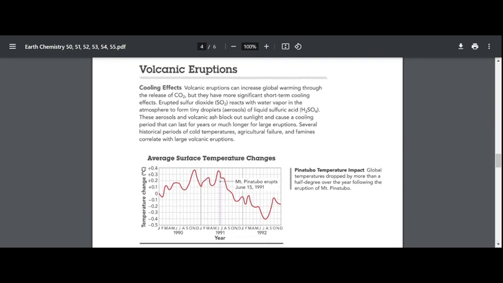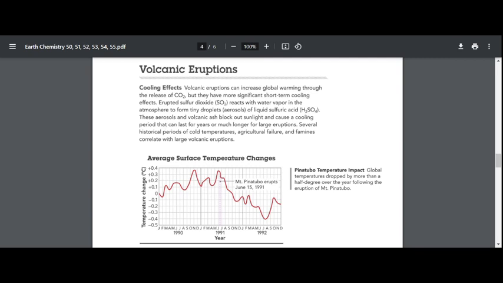All right, so for volcanic eruptions, cooling effects. Volcanic eruptions can increase global warming through the release of carbon dioxide, but they have more significant short-term cooling effects. Erupted sulfur dioxide reacts with water vapor in the atmosphere to form tiny droplets, aerosols of liquid sulfuric acid, H2SO4.